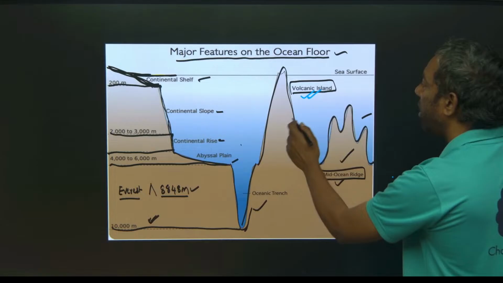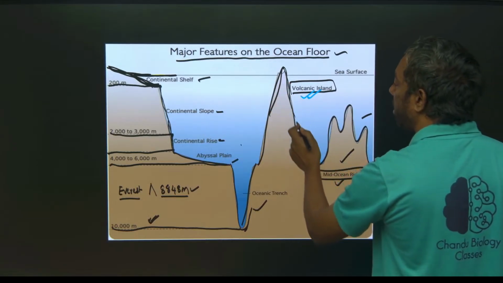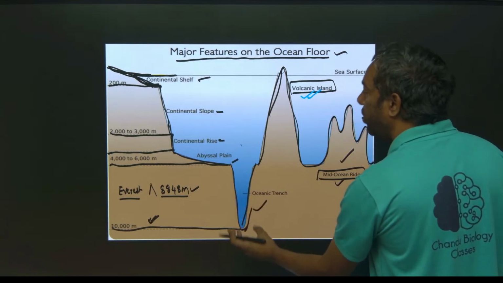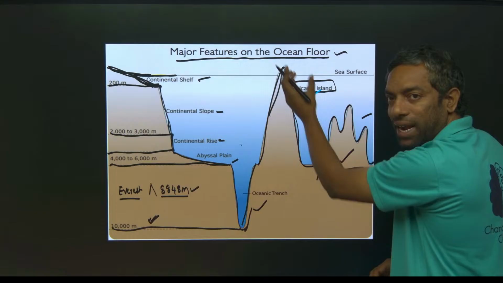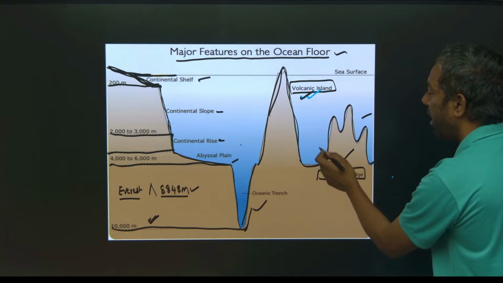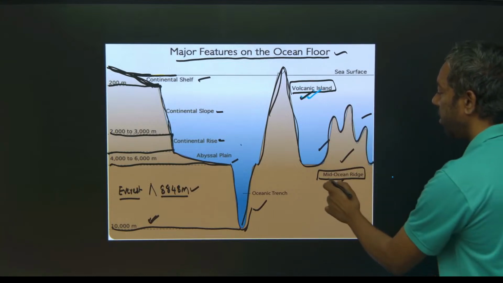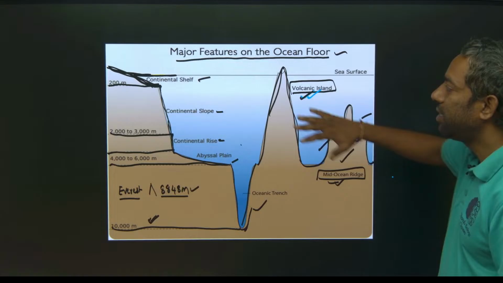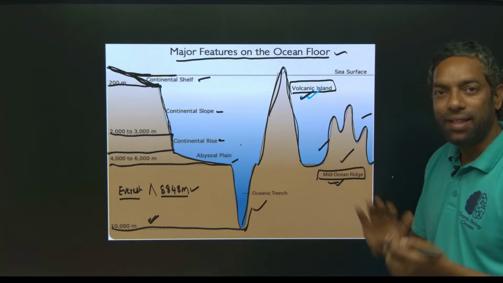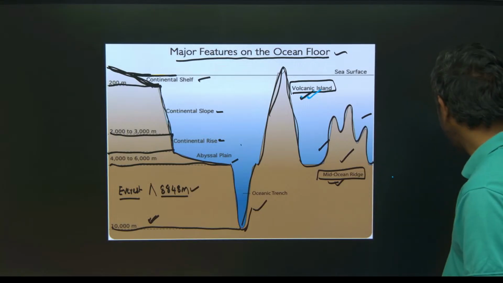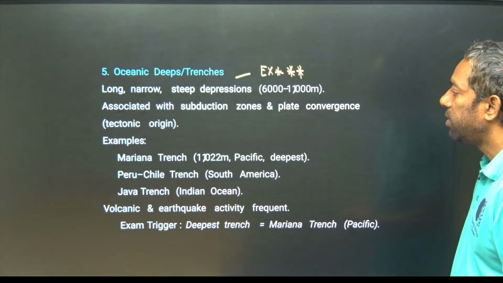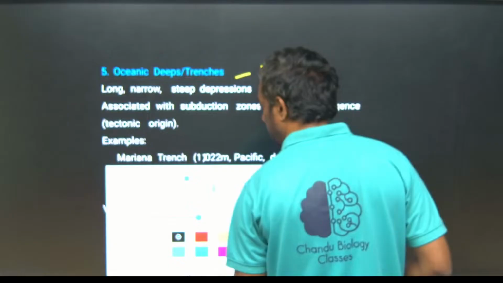And if molten material enters from the crust area of the ocean, it can create a land in the ocean, that is an oceanic island. These hilly areas in the ocean are oceanic ridges, found all over the sea surface. Most important, they can ask you in the exam.